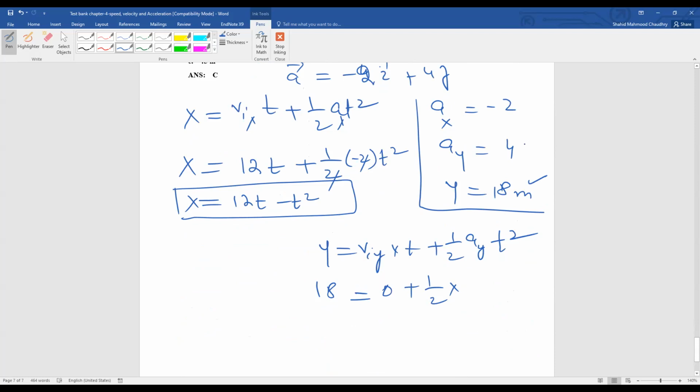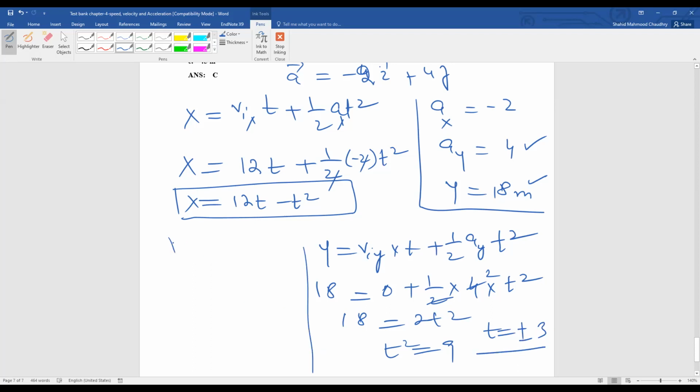Ay is 4, so 4 into t square. So we can solve this one. 2 times 4, this is 2t square. And t square is equal to 9, and t is equal to plus minus 3. But we will take the plus value. So x is equal to 12 into 3 minus 3 square. So x is equal to 36 minus 9. This is equal to 27 meters.